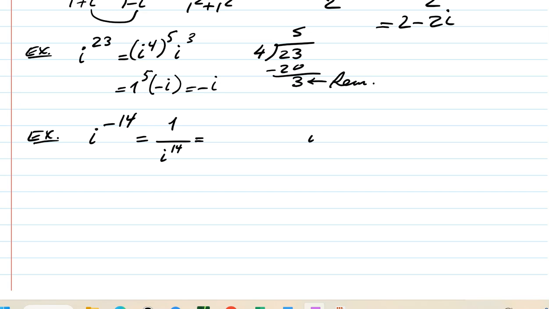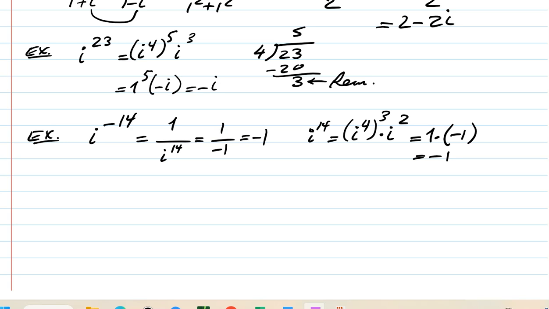Now we can work i to the 14th separately. That's i to the 4th cubed, which picks up 12 i's, times another 2 factors of i. And that's 1 times i squared, which is negative 1. So the denominator is just negative 1. The whole thing, 1 over negative 1, is going to be negative. The answer is negative 1.